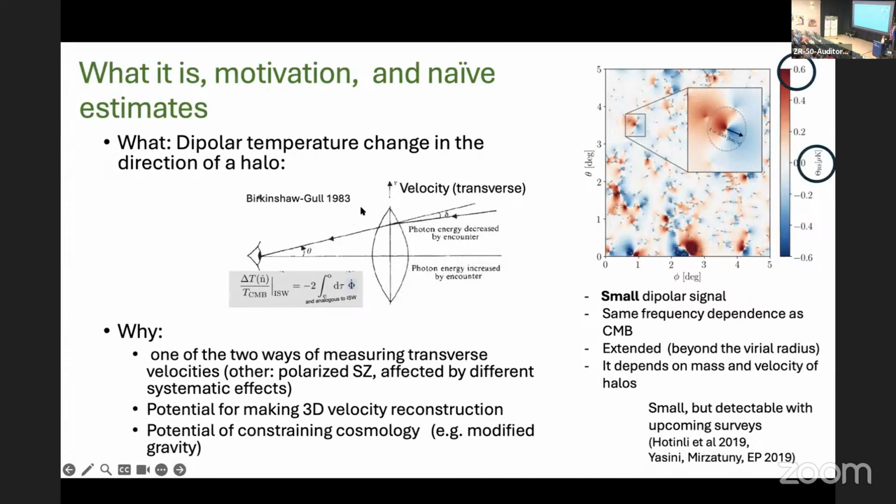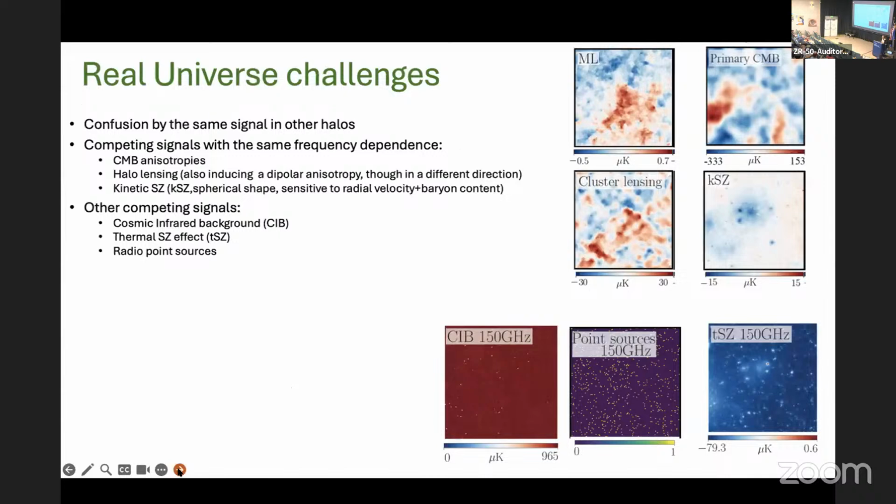This effect was pointed out several years ago, but only recently it was shown that the upcoming experiments are potentially able to detect it. However, how do you actually go forward here? In all this business, because these are super tiny effects, there are real world challenges.